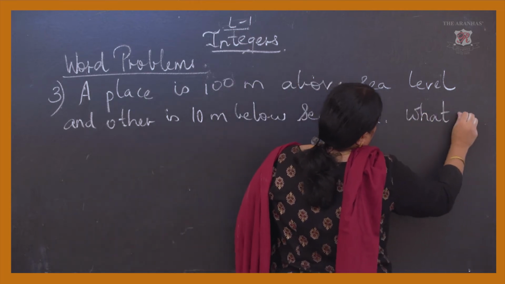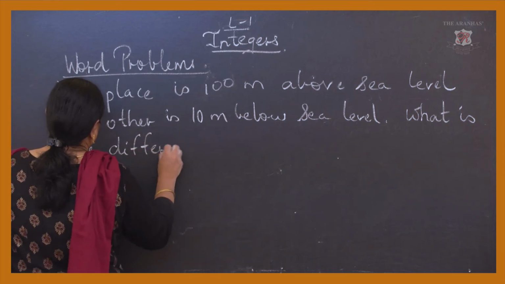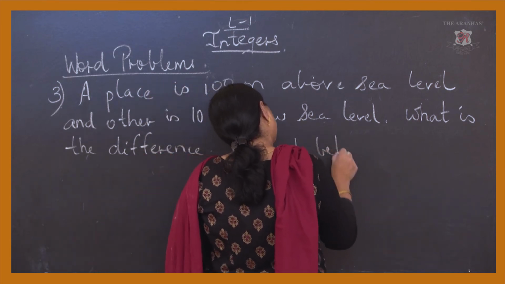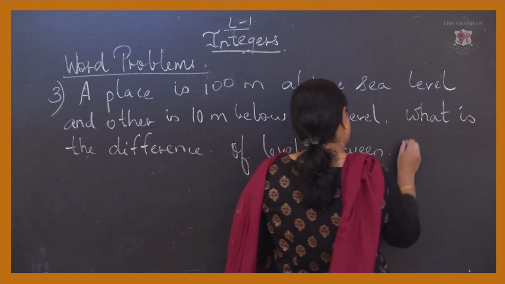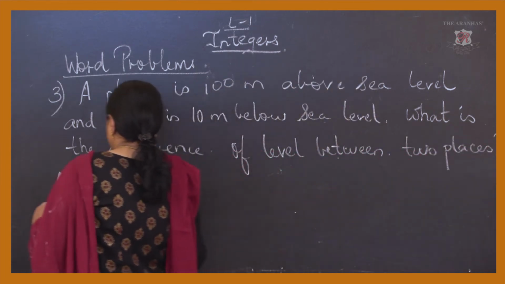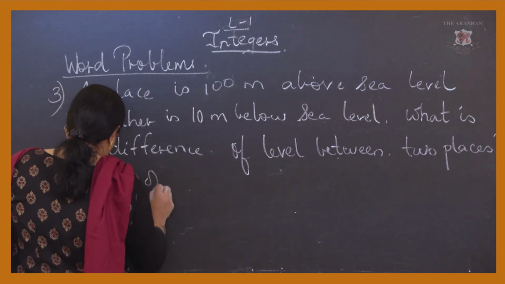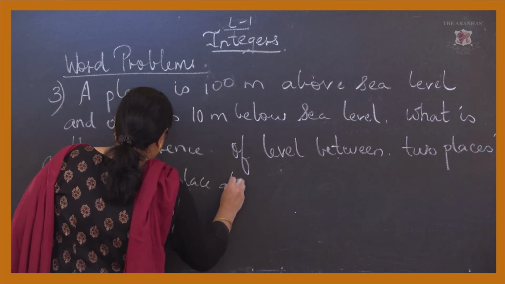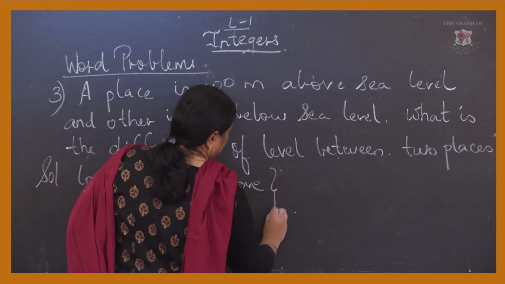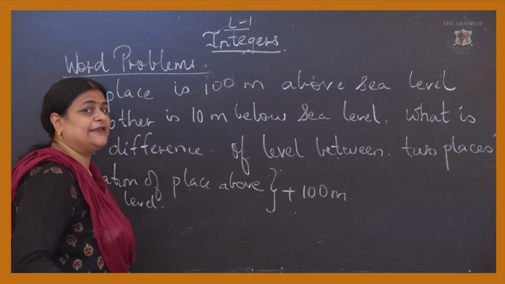What is the difference of level between two places? Okay, so now your solution will be what? The location of the place above the sea level will be plus 100 meters. Remember, above plus, below minus.